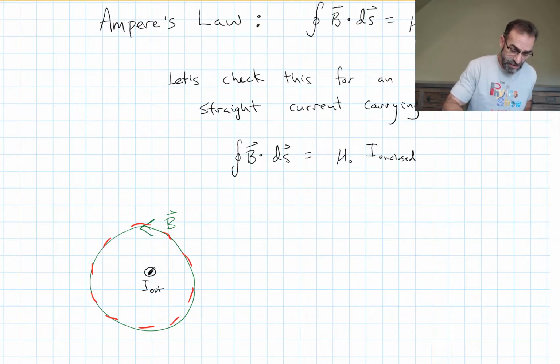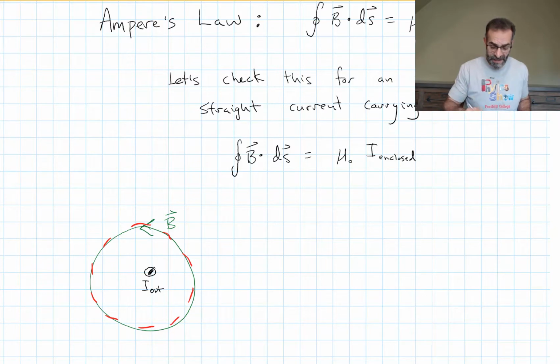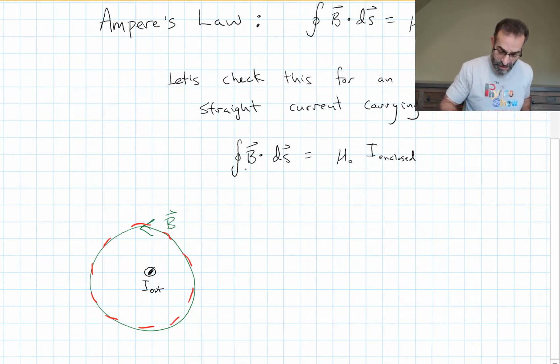Along that circular path, we know the magnetic field is constant. And it's going to point in the same direction as our ds. ds is just a length element along this path. So they point in the same direction, so the dot product can go away. The cosine of 0 degrees is 1. And I've got the integral of B times ds.